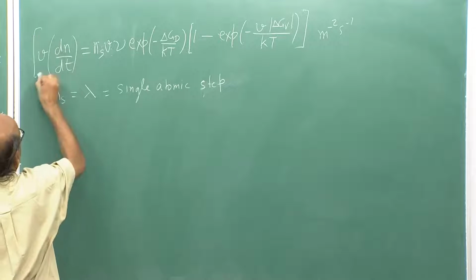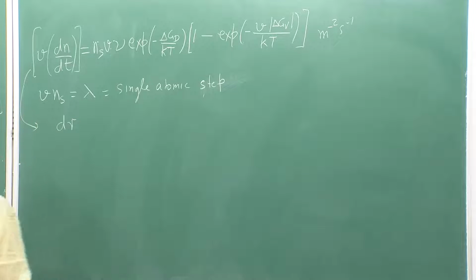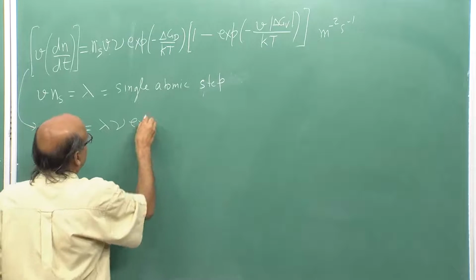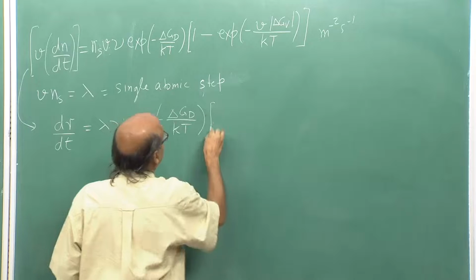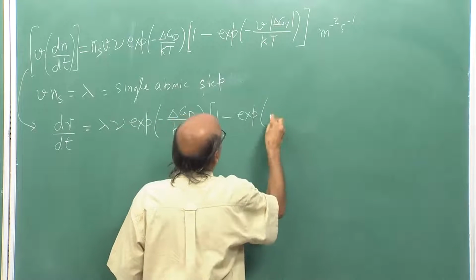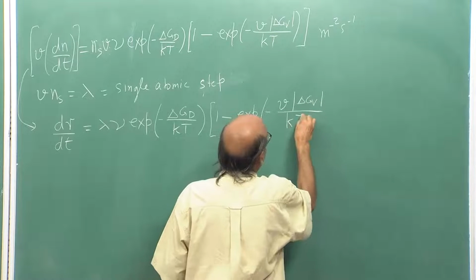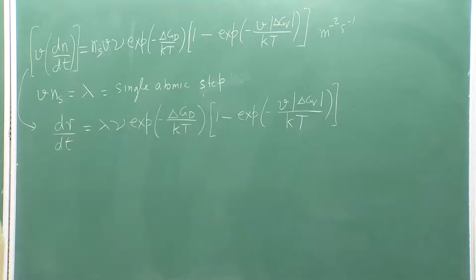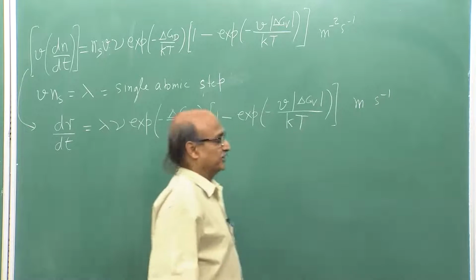So, this term here I can then write as a one dimensional growth rate, dr by dt, which is equal to lambda nu exponential minus delta GD by KT times 1 minus exponential minus V delta GV upon KT, and this essentially gives me growth in meters per second.